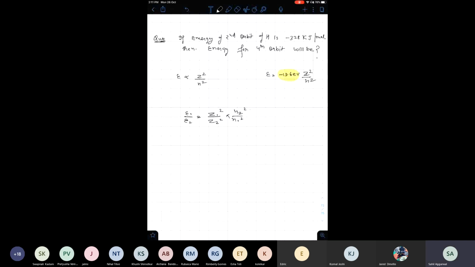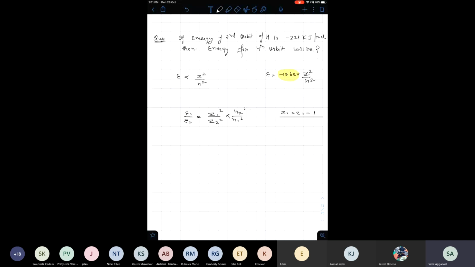Now Z1 equal to Z2 equal to 1, because this is for hydrogen. So this will get cancelled out. N2 is your 4 square, N1 is your 2 square. 16 by 4, 4.